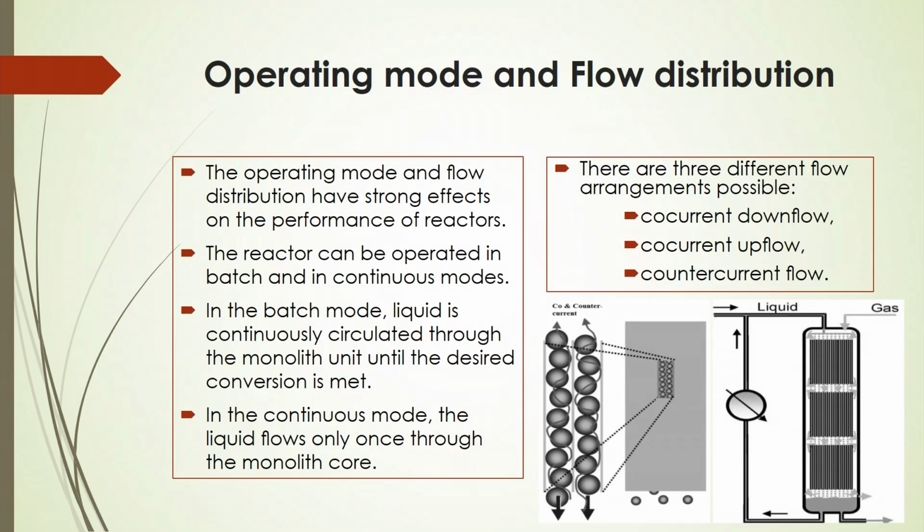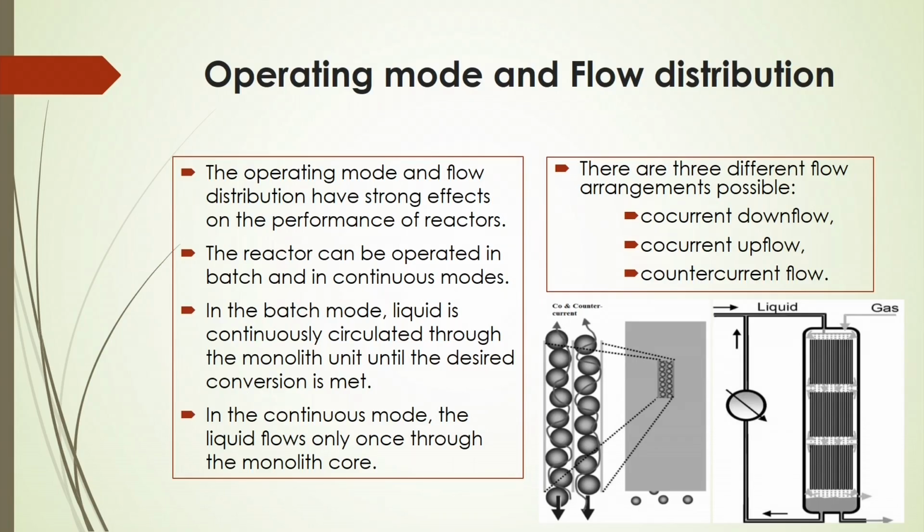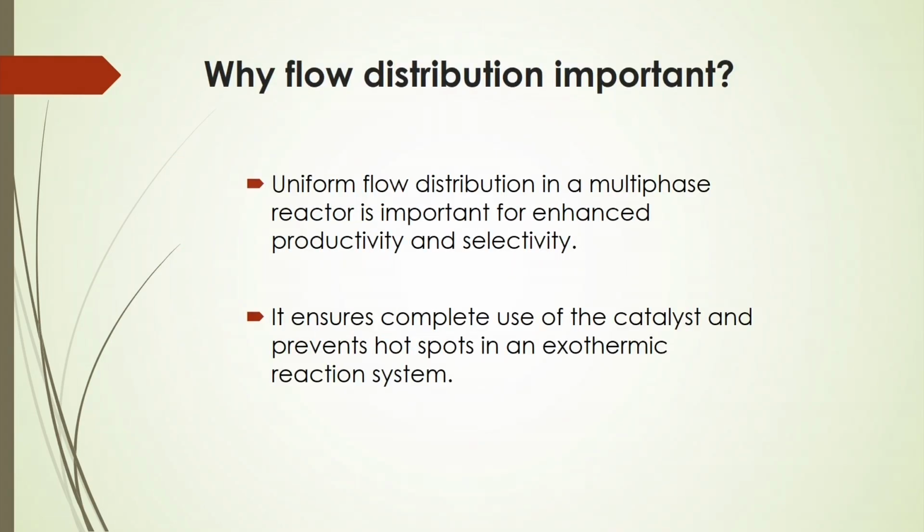In the batch mode, liquid is continuously circulated through the monolith unit until the desired conversion is made. In the continuous mode, the liquid flows only once through the monolith core. So, there are 3 different flow arrangements possible: co-current downflow, co-current upflow, and counter-current flow. So, there are different operating modes and flow distributions in the monolithic structured reactor.